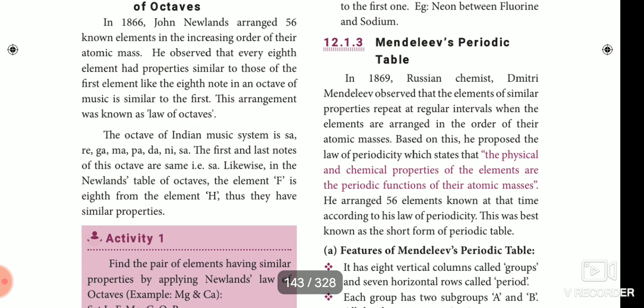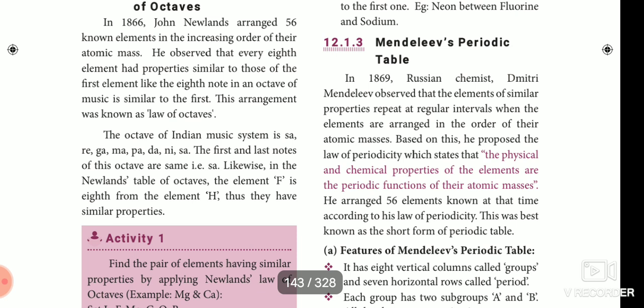A physical property change alters the element physically, while chemical properties are without changing the physical form. So this is the physical property and the chemical property.